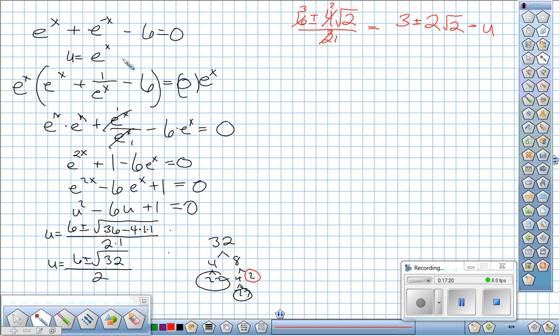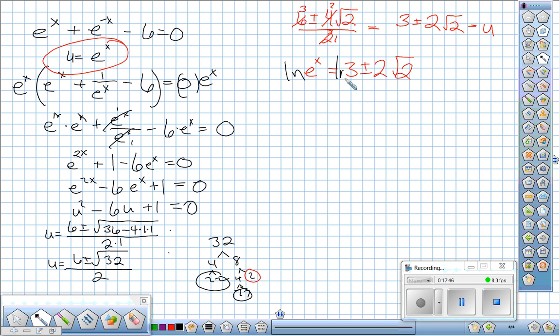But then I have to go back and solve this equation. Since I know what u equals, I can figure out what e to the x equals. So then I'll have e to the x equals that same stuff. And then I know how to solve an e to the x equation. Okay, I'm going to take the natural log of both sides. That's how I undo an e.